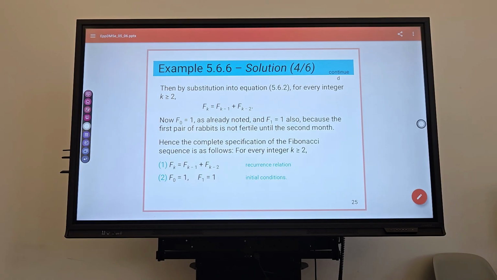Then by substitution into the equation, for every integer k greater than or equal to 2, f sub k equals f sub k minus 1 plus f sub k minus 2.